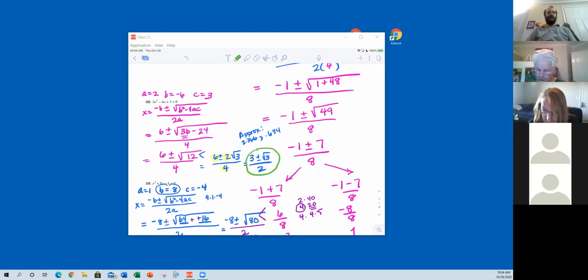Yeah, I think we split them like 3/2 plus or minus radical 2 over 2. Okay, yeah, that's good too. I like that because it makes it where you're not going to forget something. So either one is fine, but this is probably a little bit better if you split it up because that ensures you get everything simplified correctly.